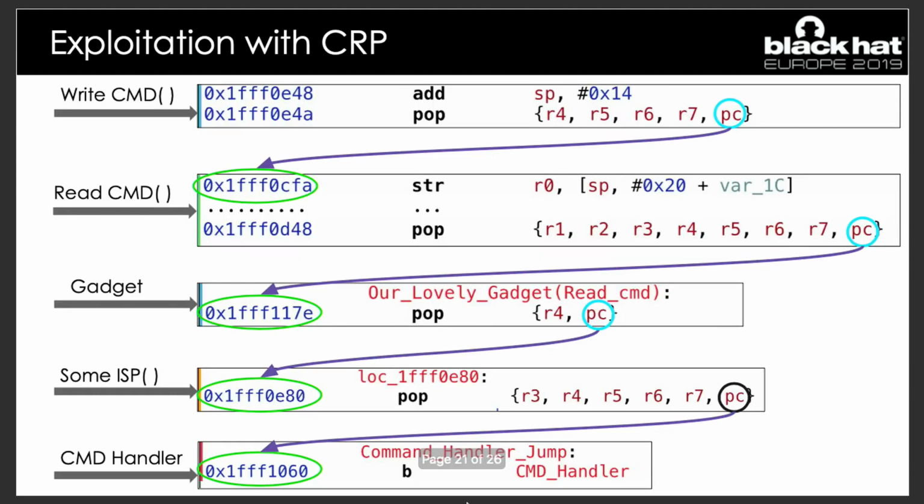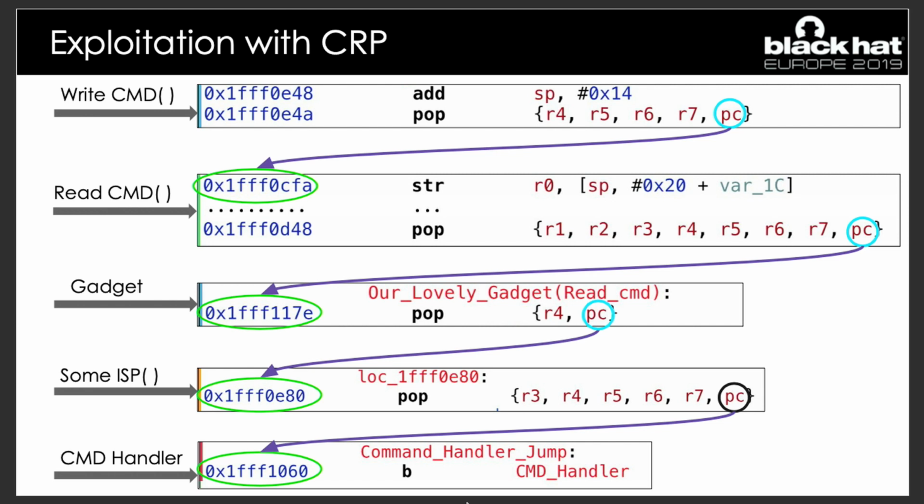Here, what we have done at the assembly level, as we can see here, the write command, the PC of it got overwritten, and we made it jump to this address, CFA, inside the read command. And when the read command needs to return, we overwrote the PC of it with our gadget address.